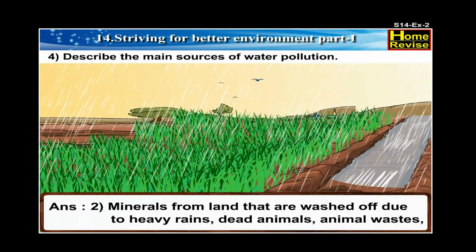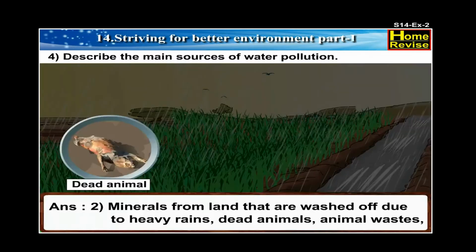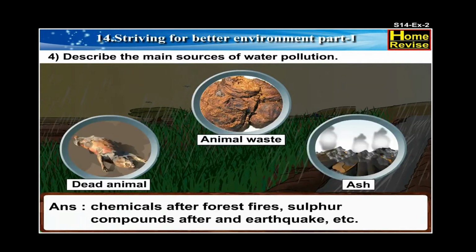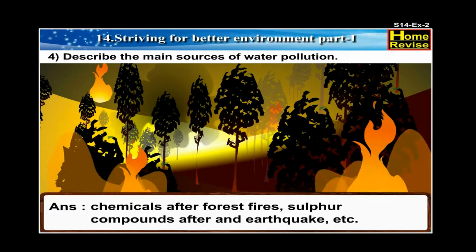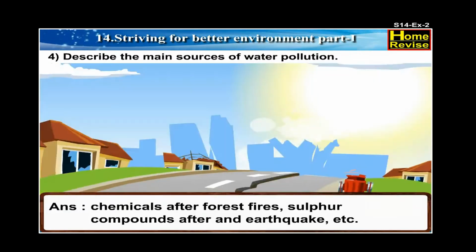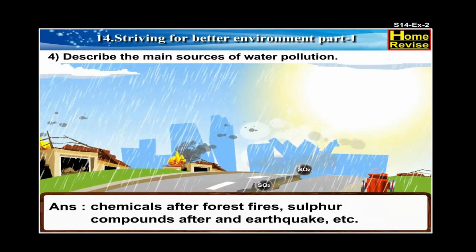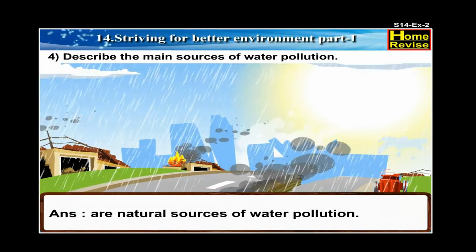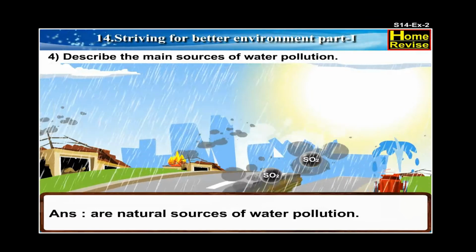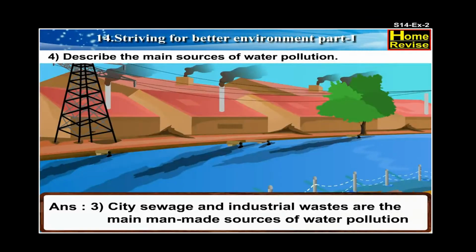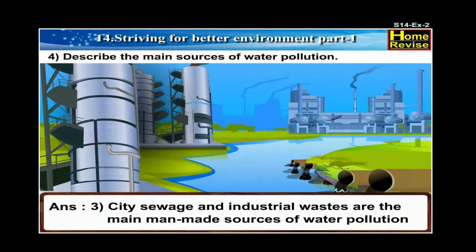Minerals from land that are washed off due to heavy rains, dead animals, animal wastes, ashes, chemicals after forest fires, sulfur compounds after an earthquake, etc. are natural sources of water pollution. 3. City sewage and industrial wastes are the main man-made sources of water pollution.